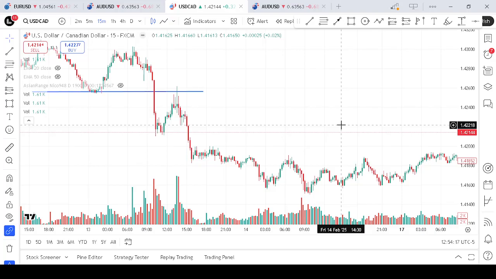Practice spotting these patterns on your chart, and always study them in such a way that you can identify potential market reversals with greater accuracy.